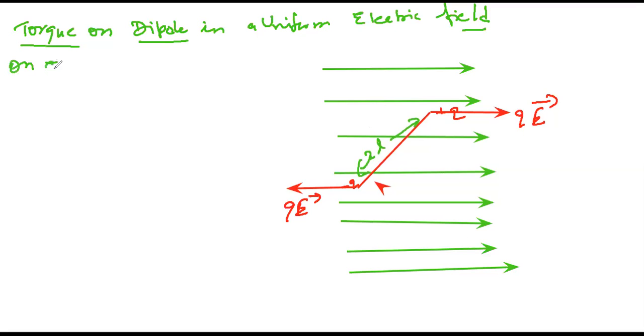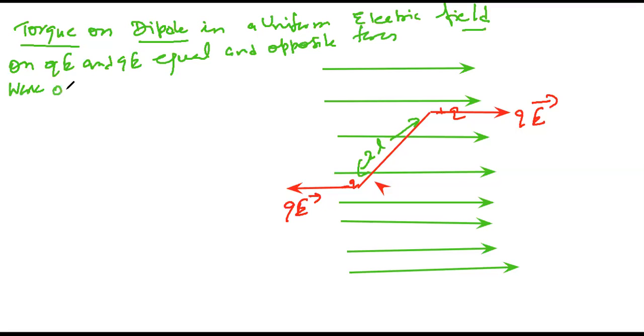On it, QE and QE equal and opposite forces work. When two equal and opposite forces work on any object, they make a couple. So the symbol of couple is tau. Tau is equal to force multiplied by perpendicular distance between forces.